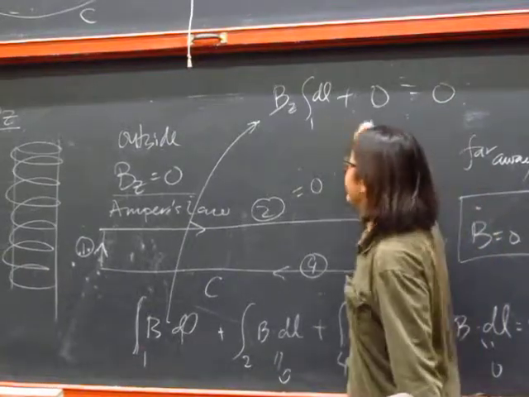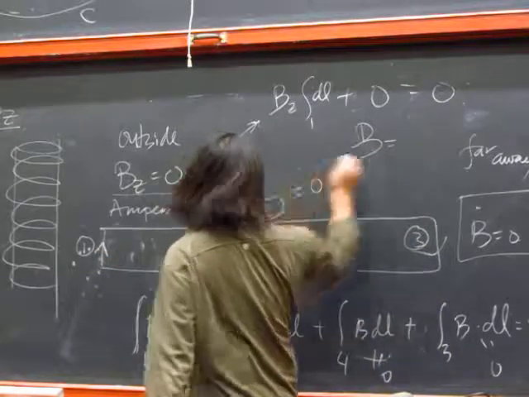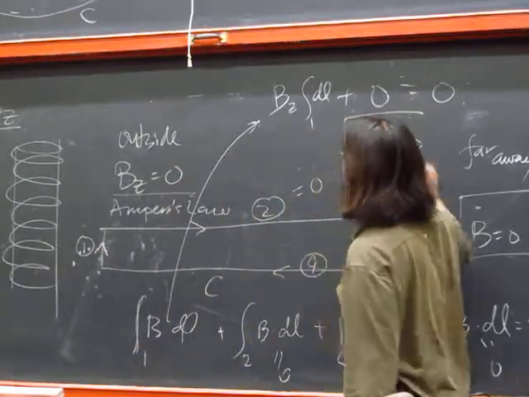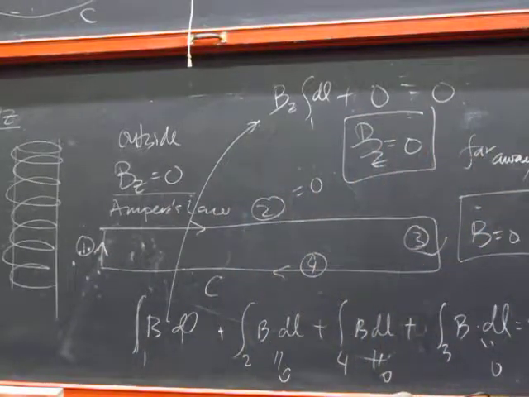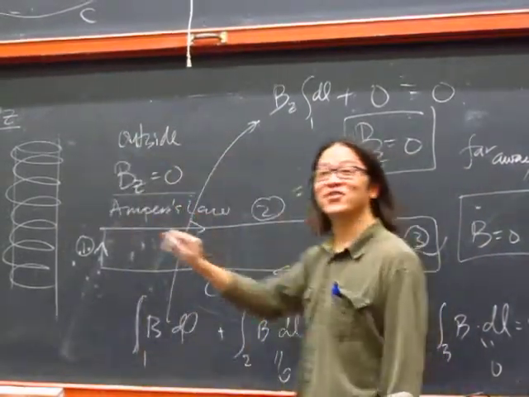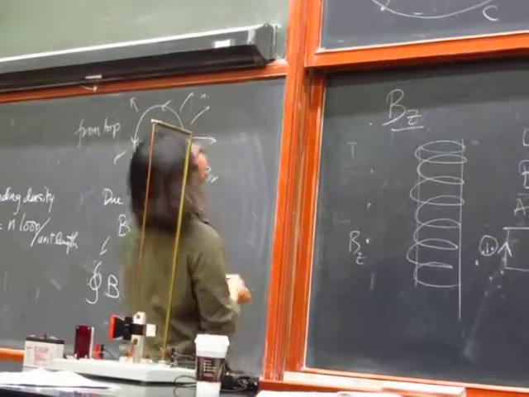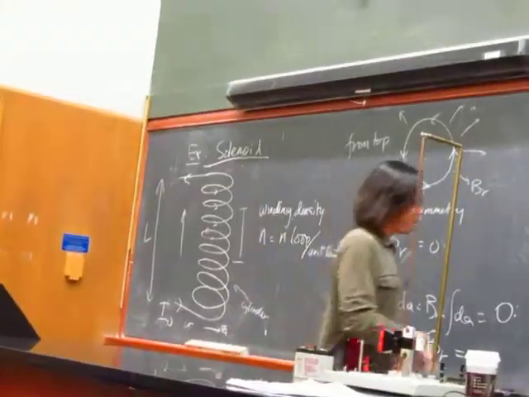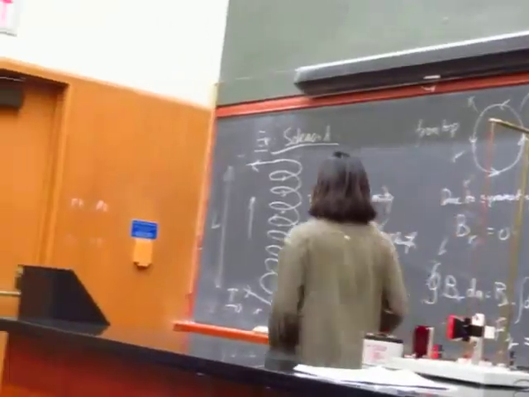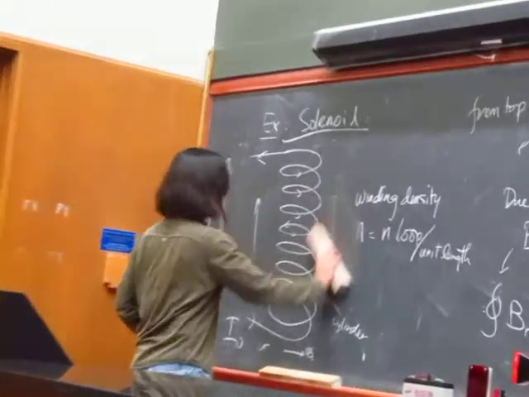So therefore the B field anywhere outside is 0. So it's 0 everywhere outside, basically. The issue is what's inside. Inside, again, this is the winding density, loops per unit length.